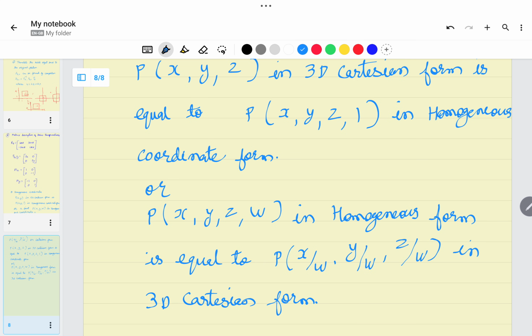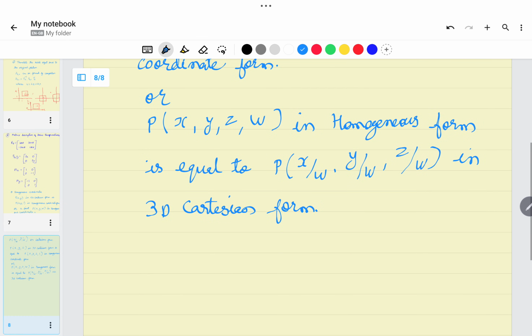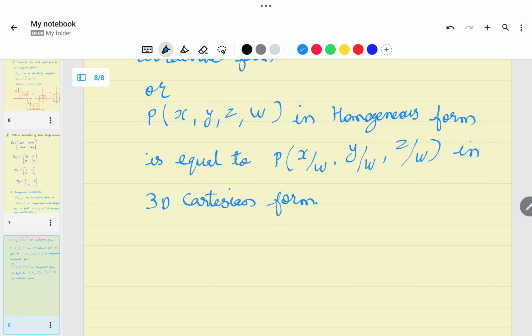Alright, now what are the advantages of this homogeneous coordinate form? Advantages of the homogeneous representation.